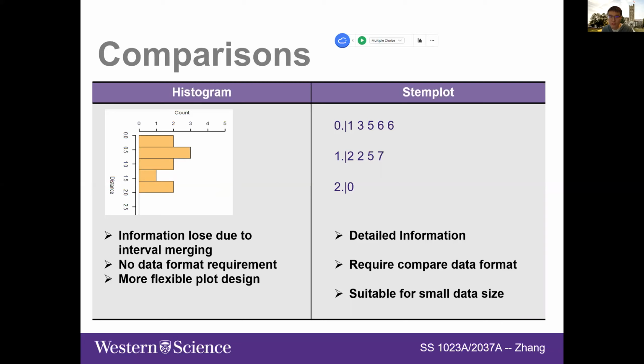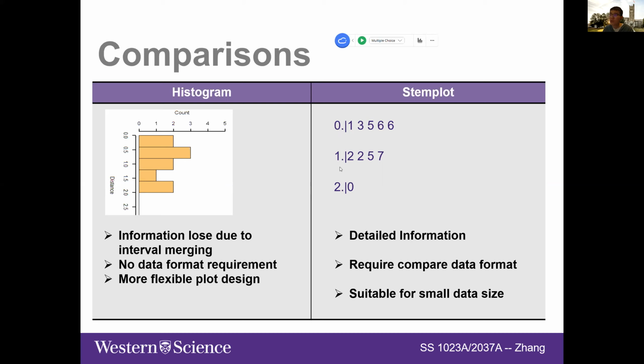So what if there were decimals and integers, like 11 and 1.1? For that case, I would say it is also not suitable for a stem plot, unless you put them separately. You would put 1.1 in the category of 1, and the 11 you would consider as 11.0.